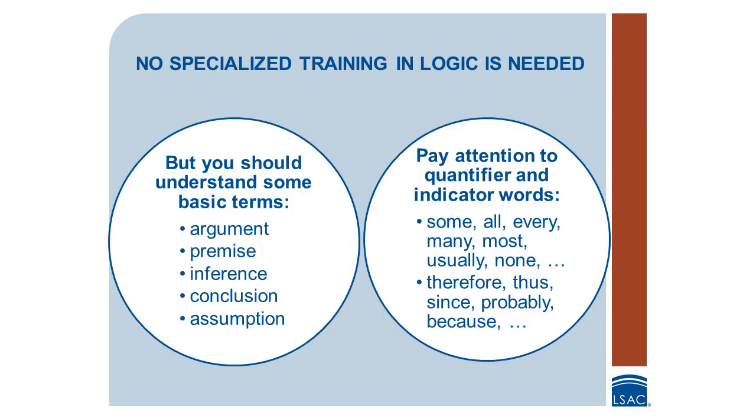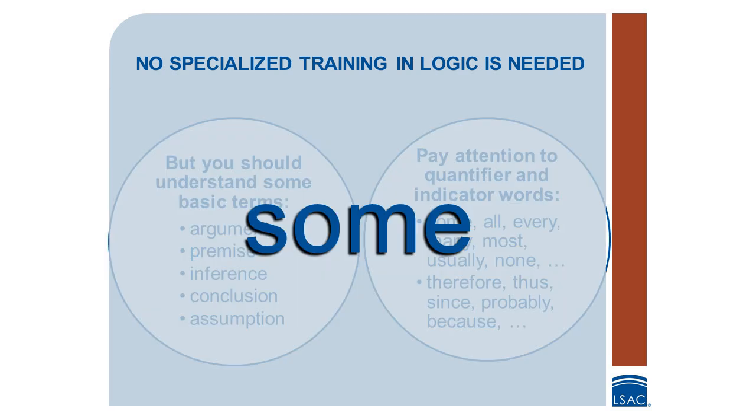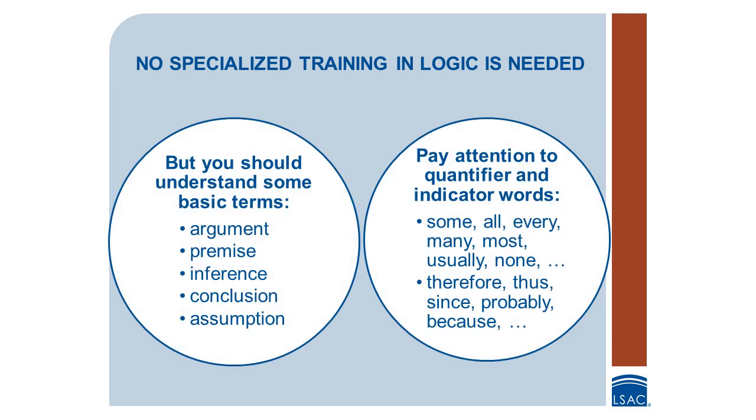Similarly, there are a few other basic terms which, when you see them on the test, you should pay careful attention to. I have in mind quantifier terms like some and all. For example, if you see the word some in an LR question, you should make sure you don't mistake that for a claim about all of the things under discussion. Perhaps even more important are indicator words.